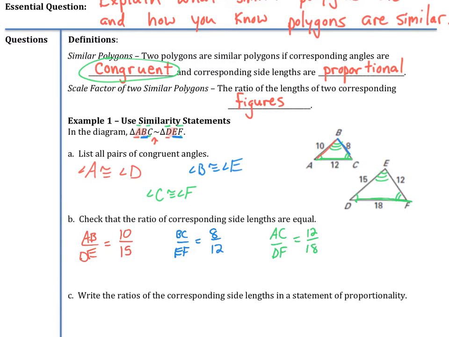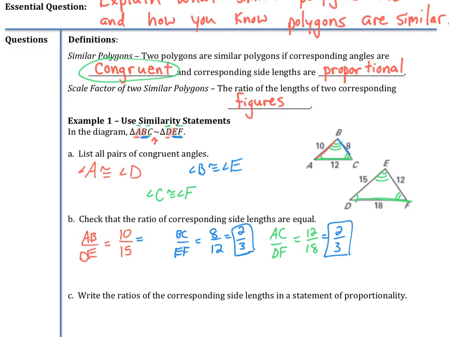So we are going to simplify each fraction. So 12 divided by 18, if we simplify that or reduce it, 12 and 18 divided by 6 will give us 2 over 3. For our middle fraction, 8 over 12, we can divide them both by 4. 8 divided by 4 is 2. 12 divided by 4 is 3. So we get 2 over 3.